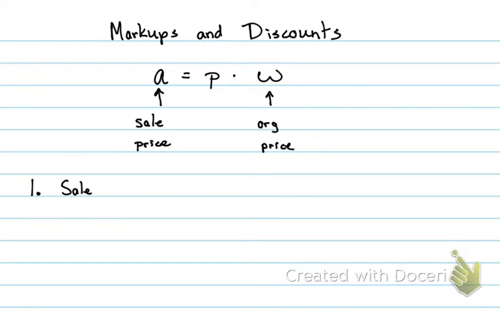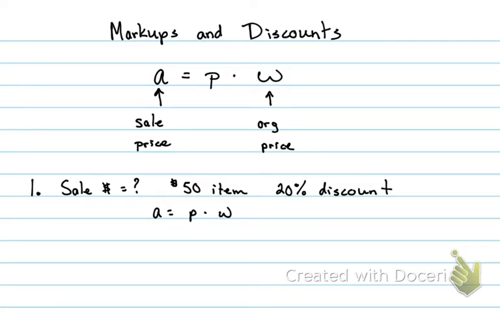You don't know the sale price of a $50 item after a 20% discount. Find the sale price. So we use A equals P times W.